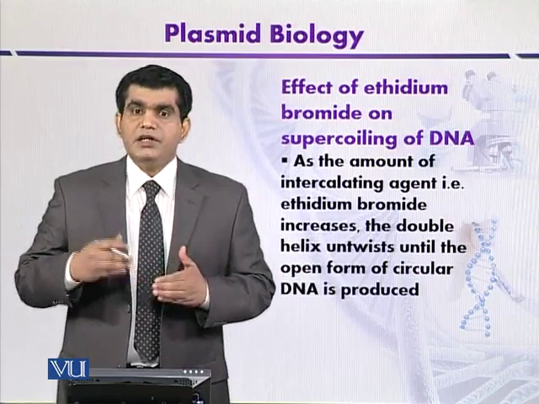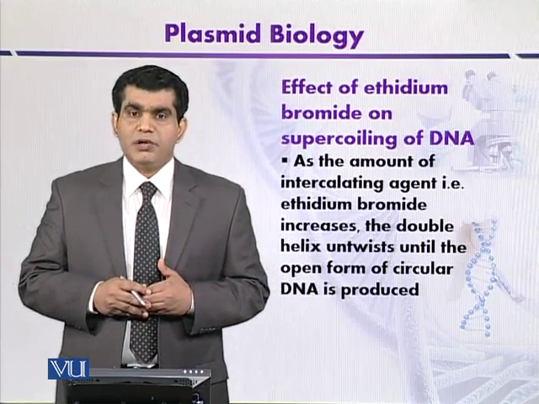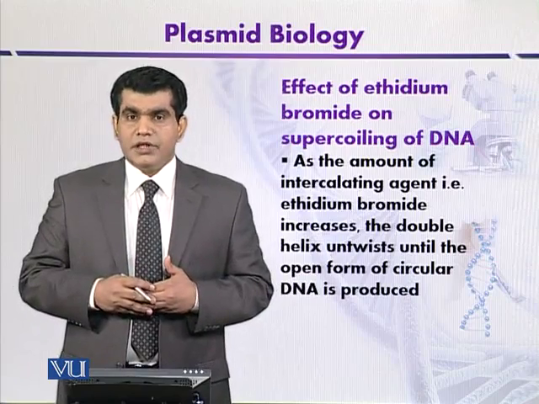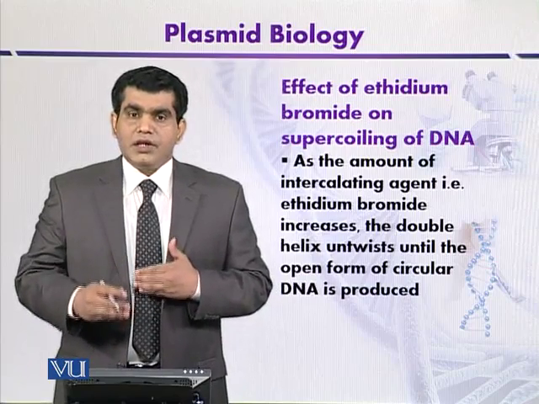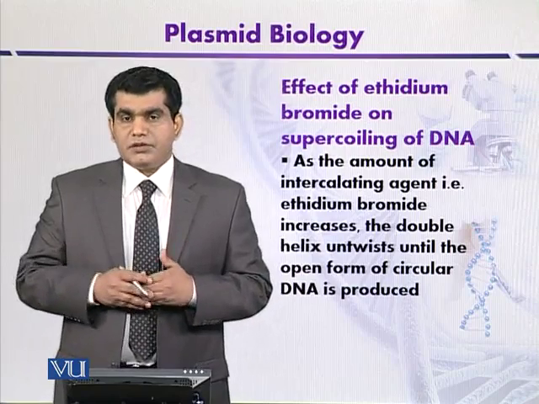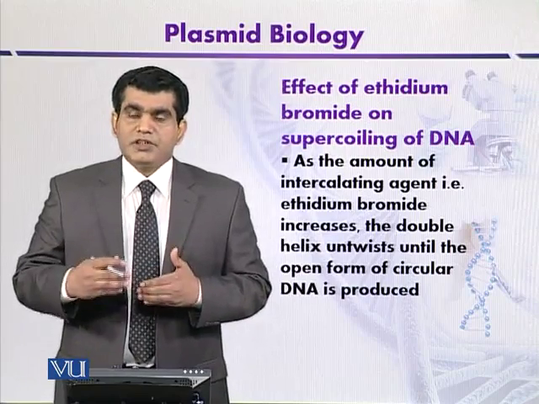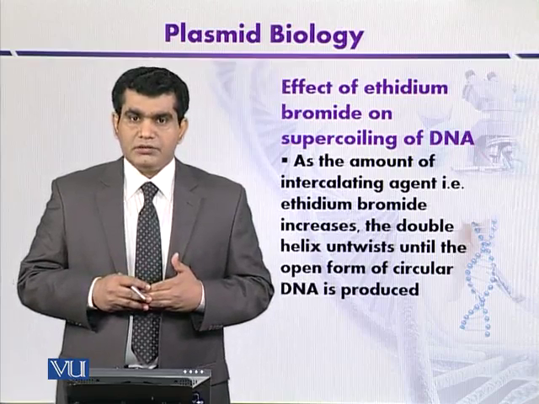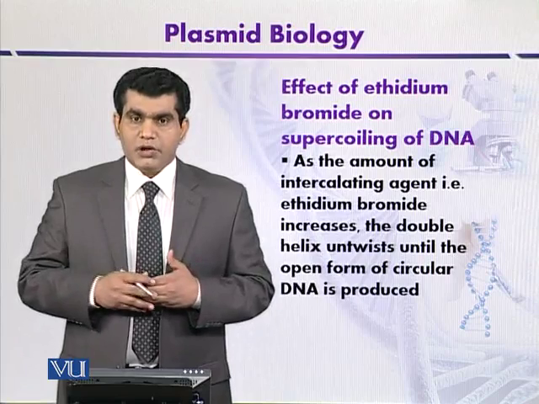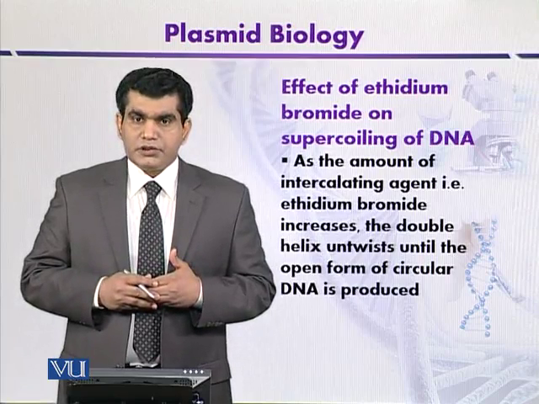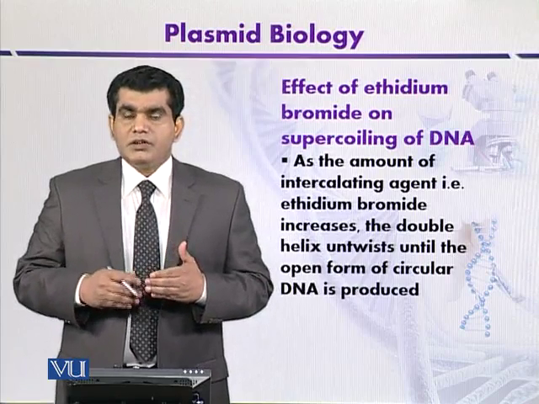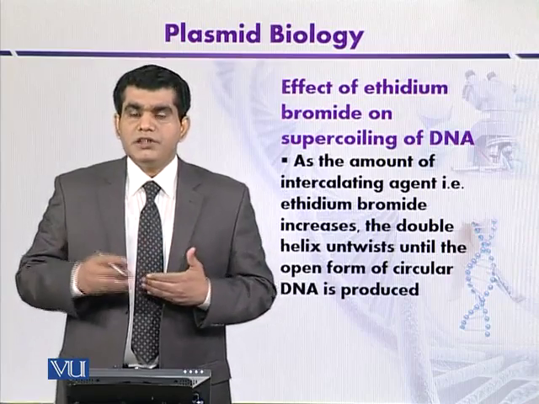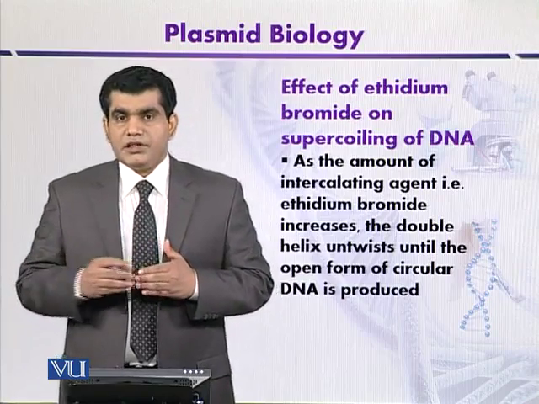But if the intercalation of ethidium bromide is not stopped at that stage and is still going on, then the rewinding of the open circle DNA will start, but now in the opposite direction. That is, negative supercoiling is introduced. And we have the open circle DNA, the supercoiled DNA and the linear DNA.